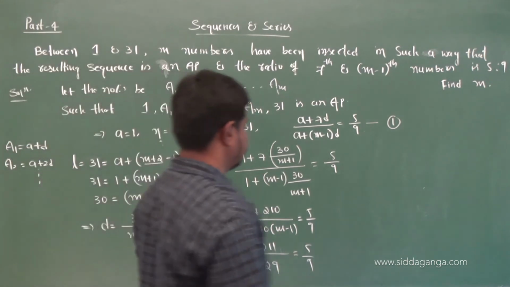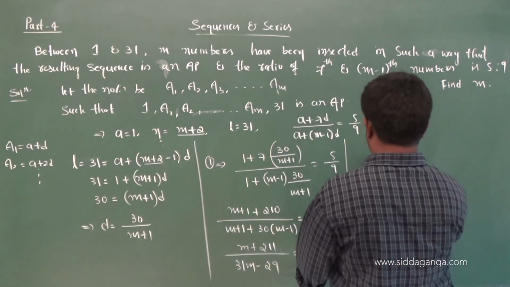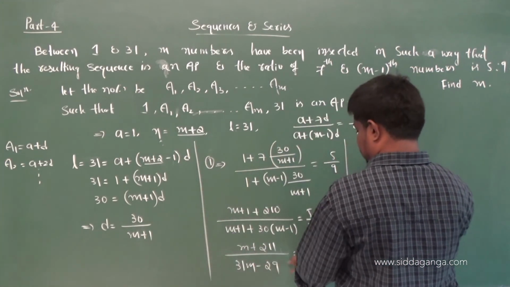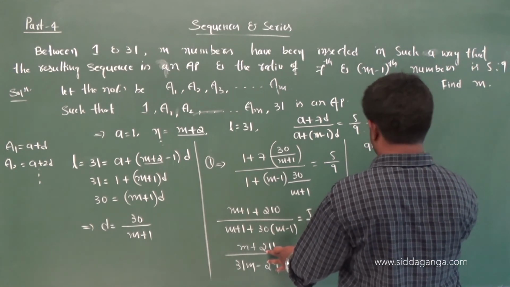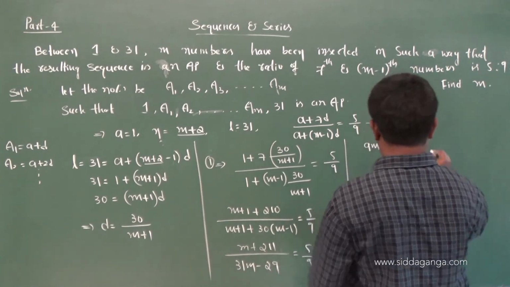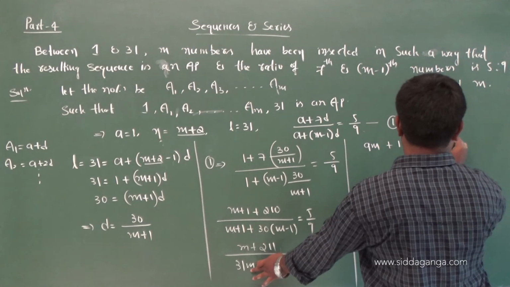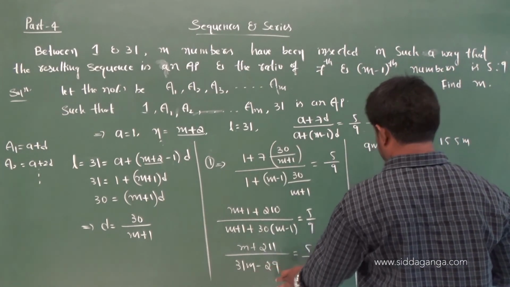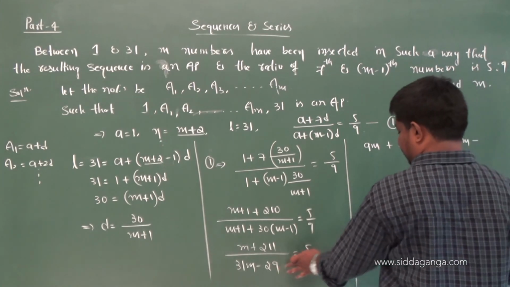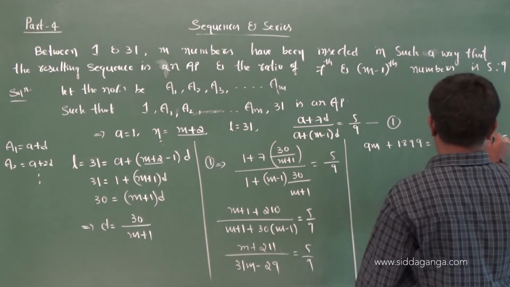So now 9 times (m plus 211) is equal to 5 into (31m minus 29). So 9m plus 1899 is equal to 155m minus 145.